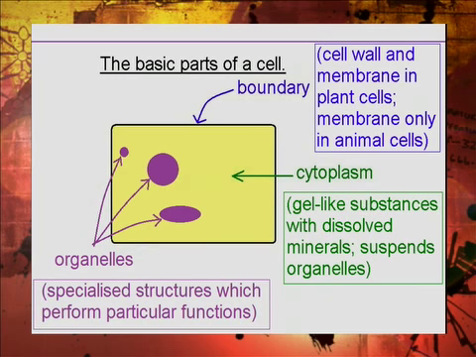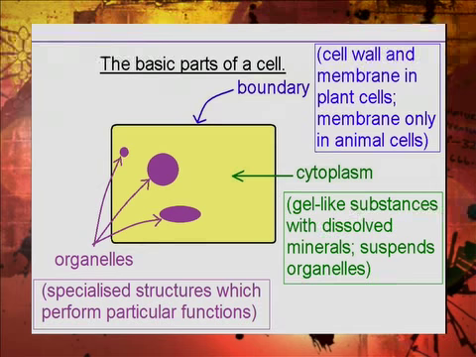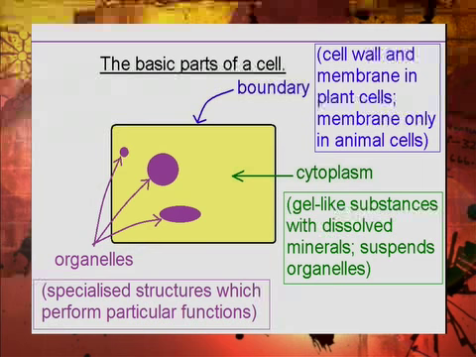In plant cells, it's going to be a cell wall and a cell membrane. In animal cells, that boundary is only going to be a membrane. That's why the animal cell has a much more flexible shape than the plant cell. Both plant and animal cells are going to be filled with cytoplasm, which is a jelly-like substance. And then we're going to find different organelles suspended inside the cytoplasm.